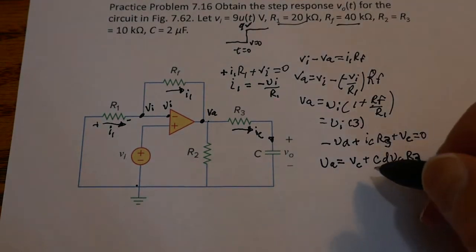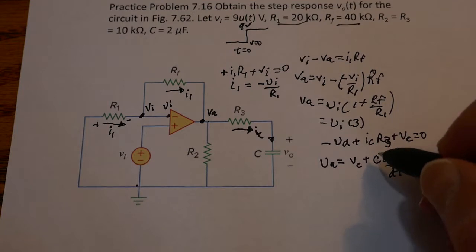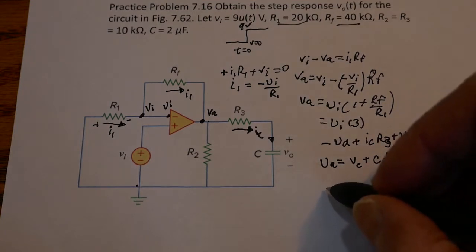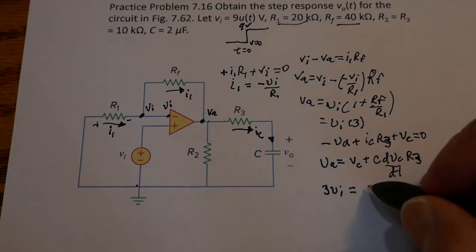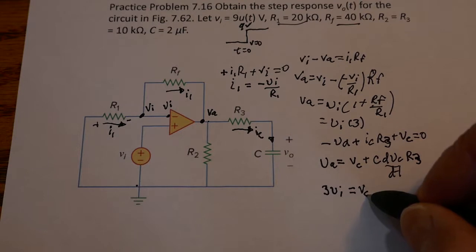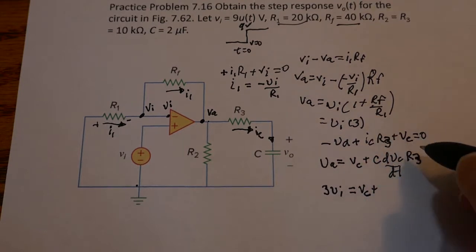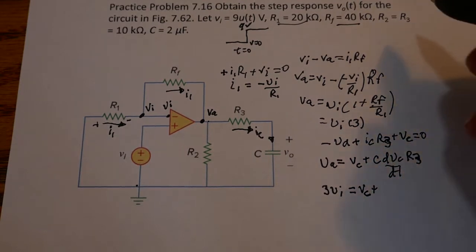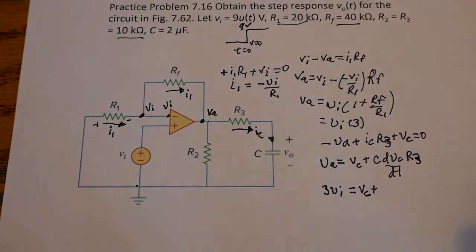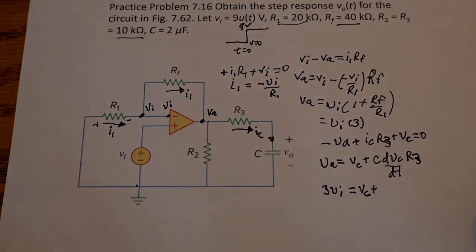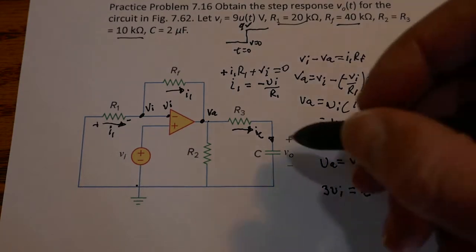Now, all we need to do is put in 3VI here. 3VI is equal to VC plus, now what's R3? R3 is 10 kiloohms, just like R1 or R2 is.